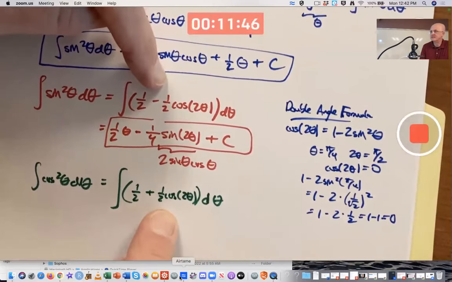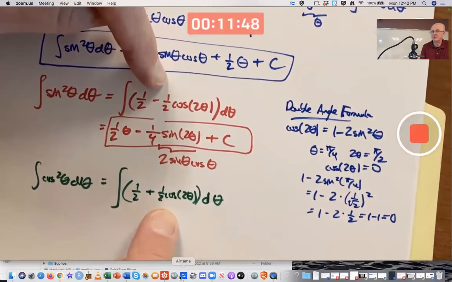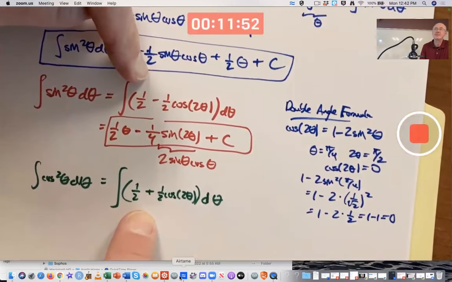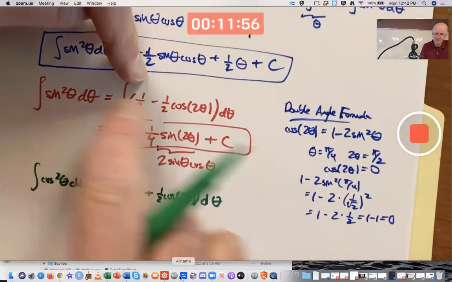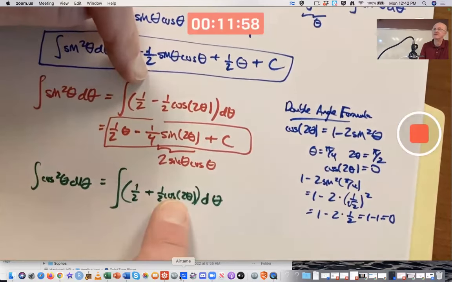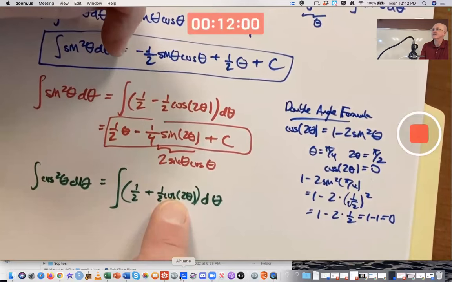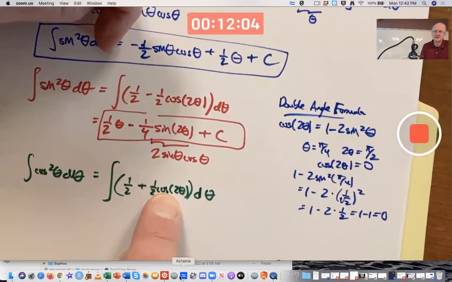If you add those two things, the terms involving the cos 2 theta cancel. And 1/2 plus 1/2 is 1. It would have to be this. Kind of strange. This one involves cos 2 theta, so does this one involve cos 2 theta. Strange but true. This is also related to a double angle formula.